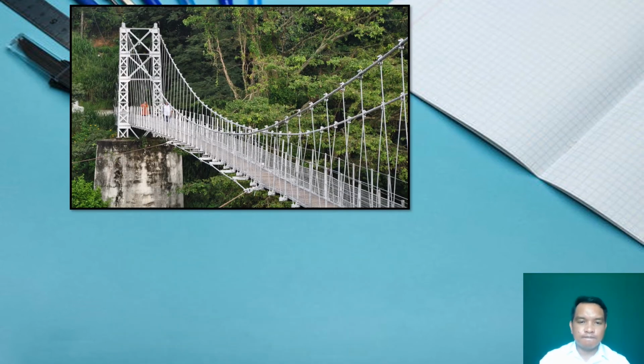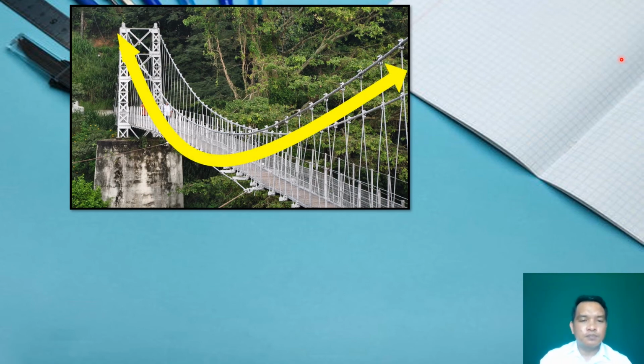Okay, ito naman. Anong meron dyan? Meron tayong hanging bridge. Then, meron siyang support. Therefore, meron tayong graph ng polynomial function. So, anong behavior ng polynomial function natin?